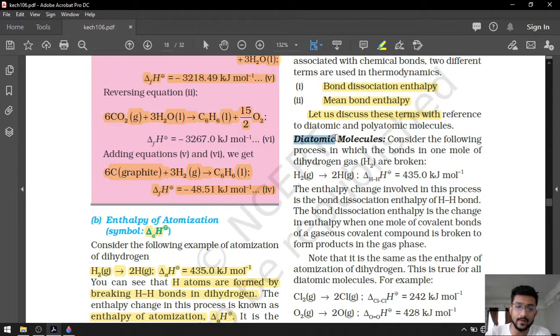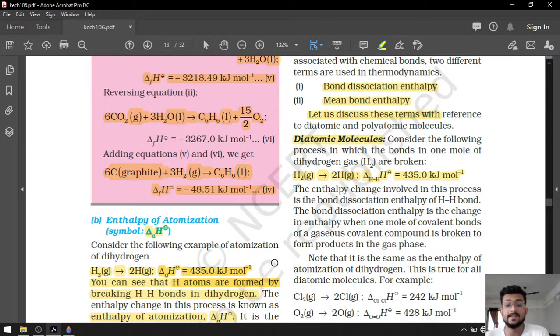Okay, diatomic molecules, I told you, atomization enthalpy and bond enthalpy for the diatomic molecule will be the same. Look at this. H2 converted into 2 hydrogen atoms in gas is 435 kilojoule per mole, and look at this value. It is also 435 kilojoule mole inverse.